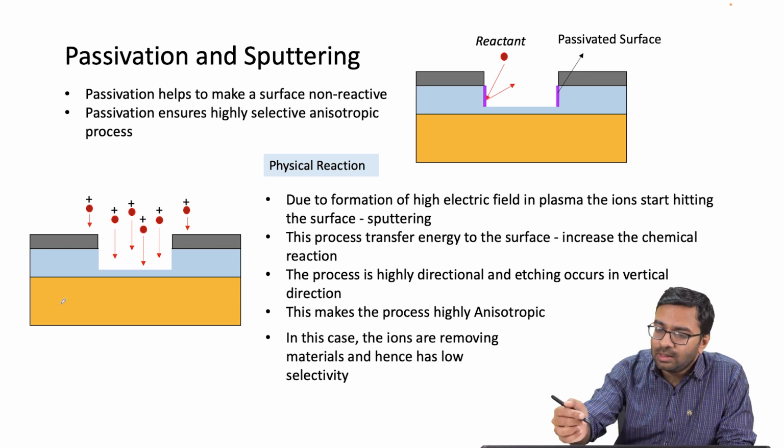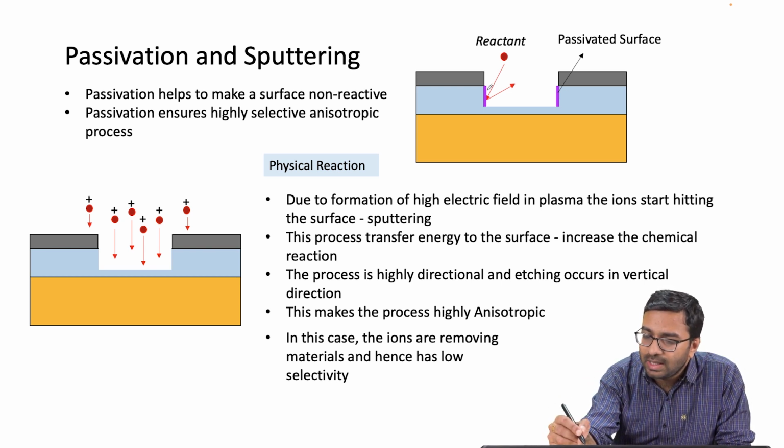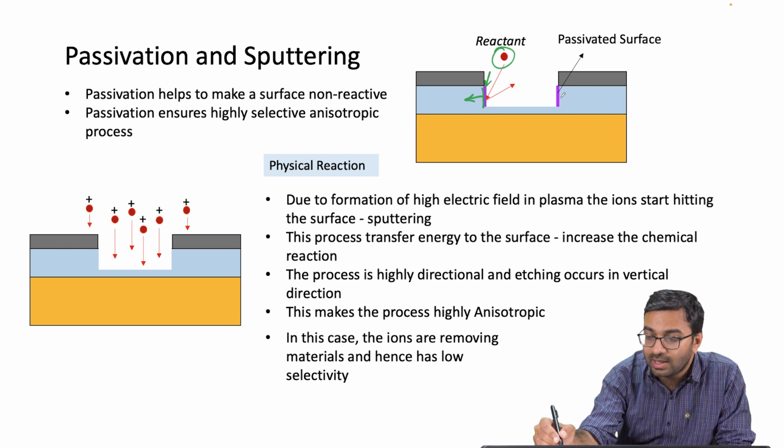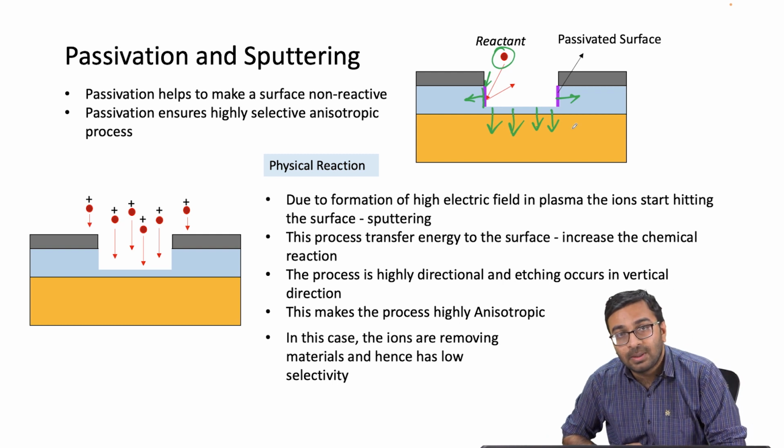So, what people do is they actually create a layer on top of the reactive surface, so that this reactant atom or energized molecule is unable to take out the material from this side, horizontal side, and hence you will find most of the reactions are happening in the vertical direction.